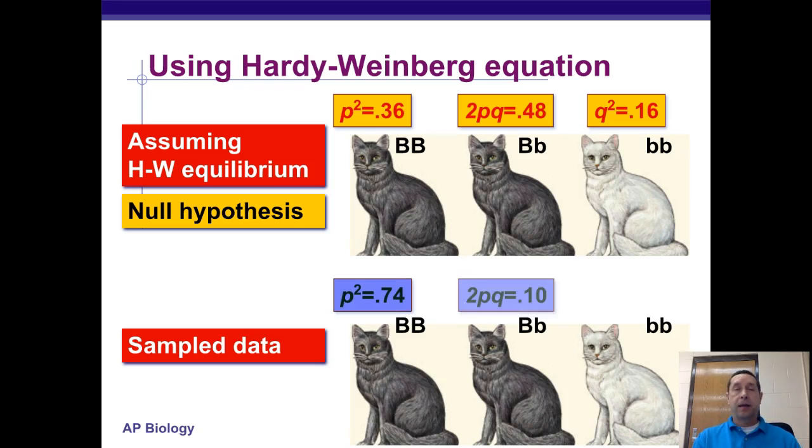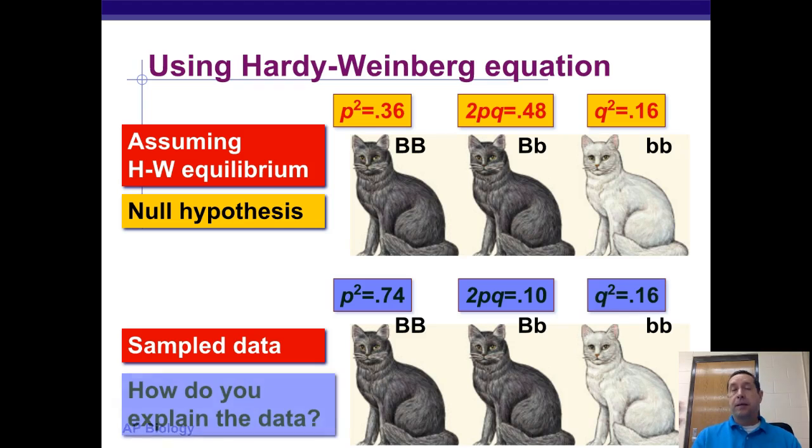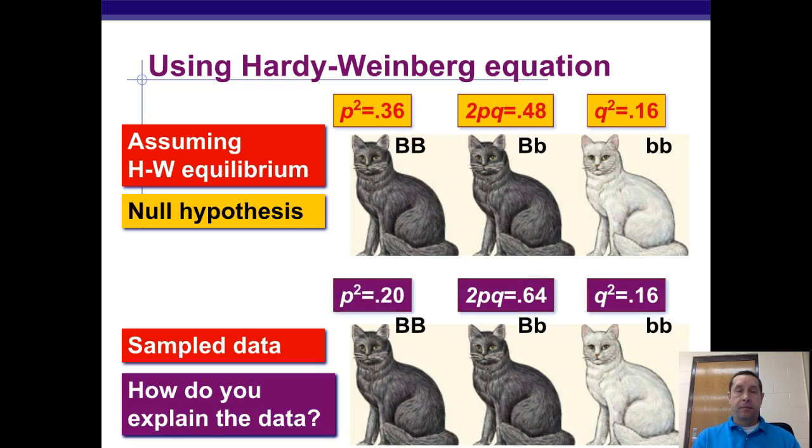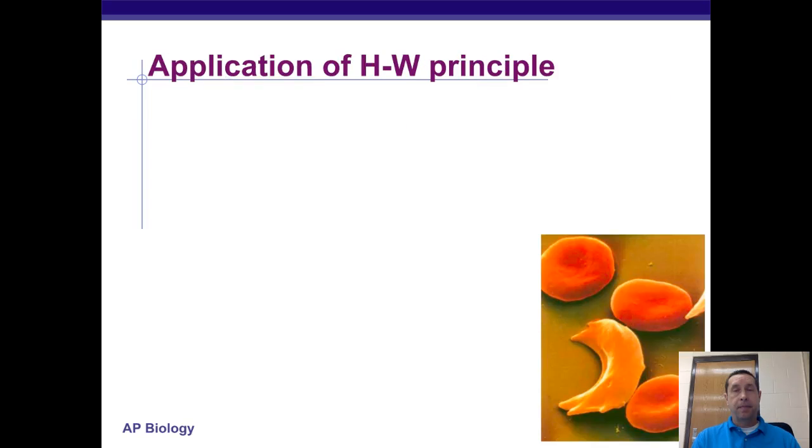So if we go back and measure it, and we get different values, something is definitely going on. Something is giving individuals that are black, and particularly homozygous dominant black, an advantage. Now again here we've got the heterozygous individuals seeming to have an advantage.